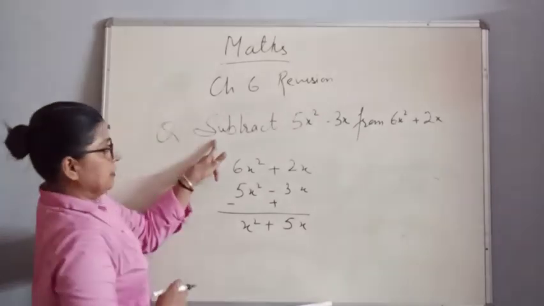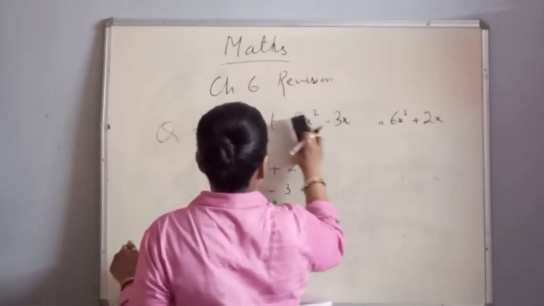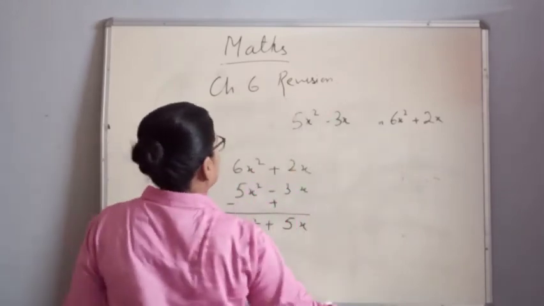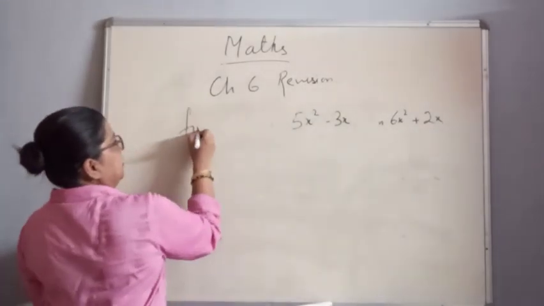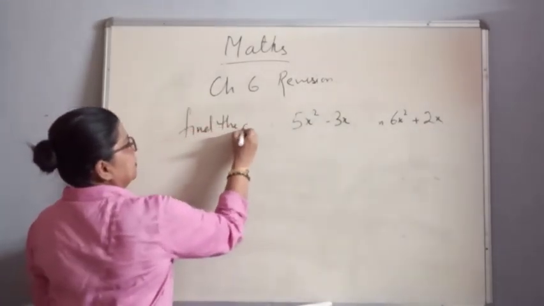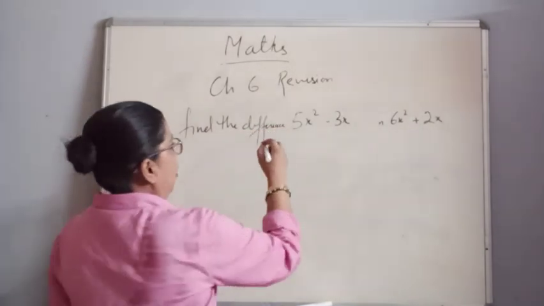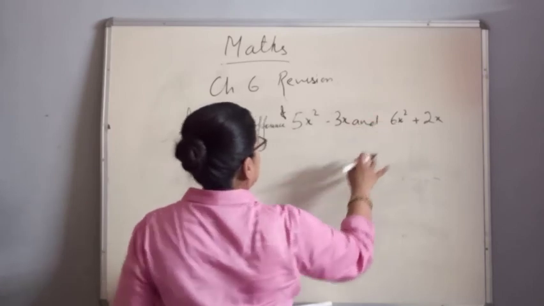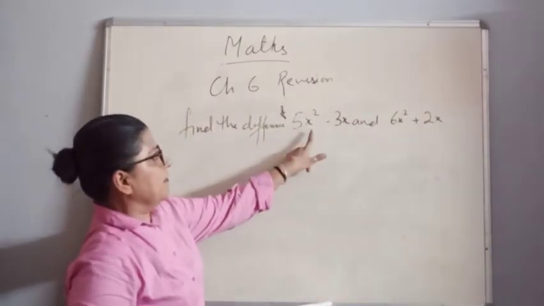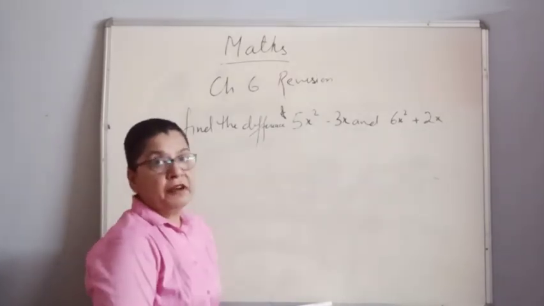Okay? Now the same question, just imagine if I write: find the difference of 5x square minus 3x and 6x square plus 2x. Now we are not using the word 'from'.